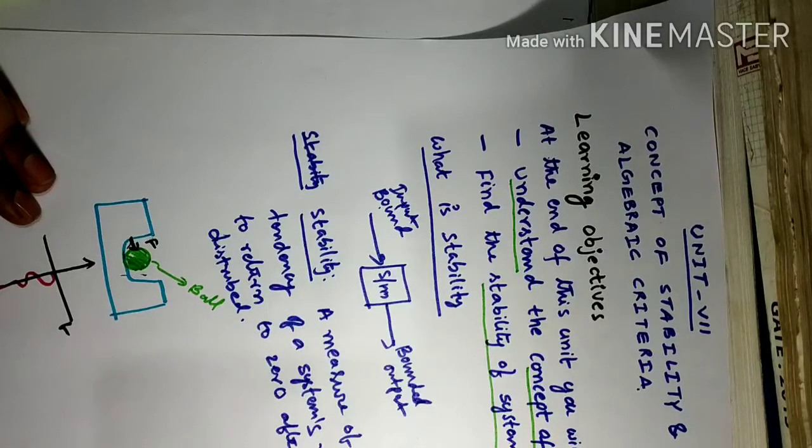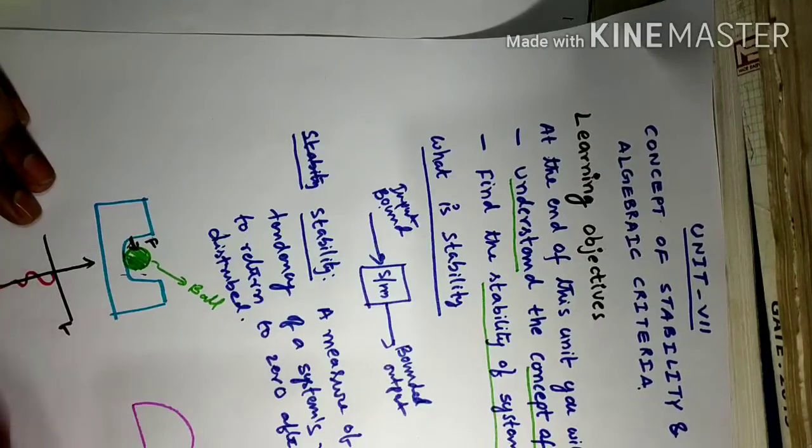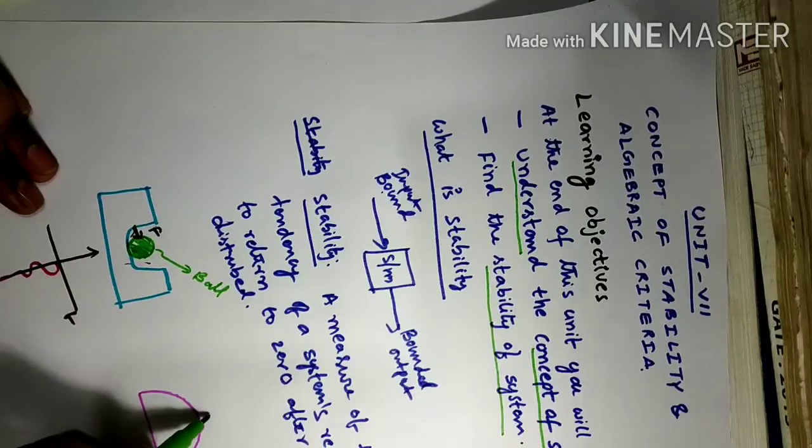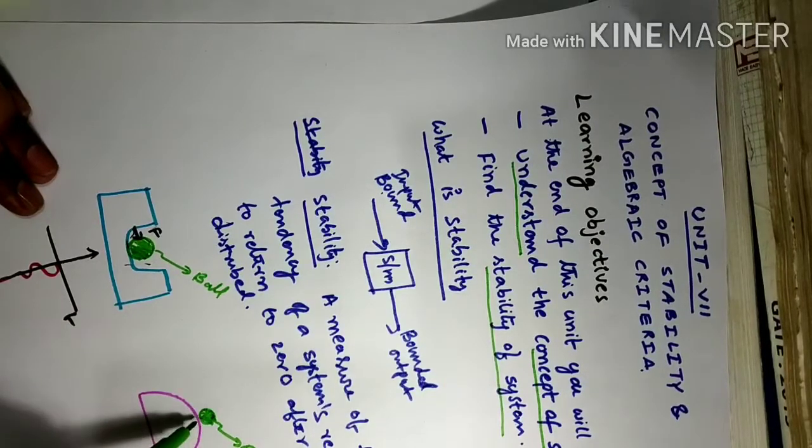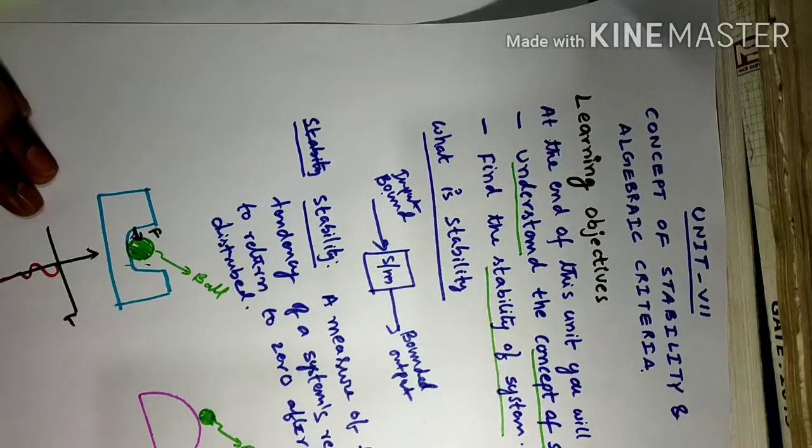If I take another system, this is a mountain. On the top of the mountain, I place a ball. This ball is at rest, in the equilibrium position.